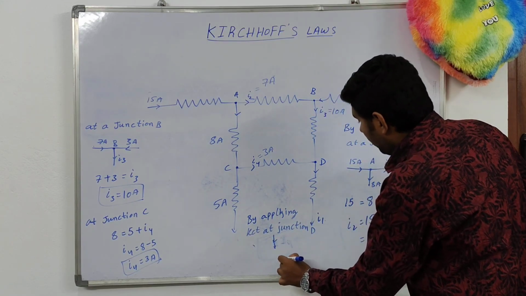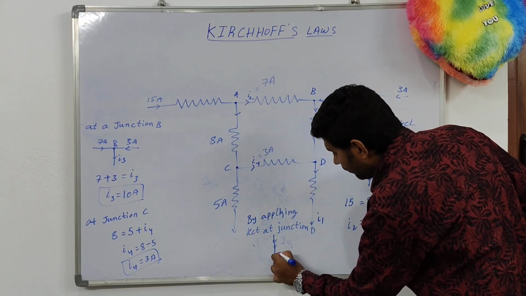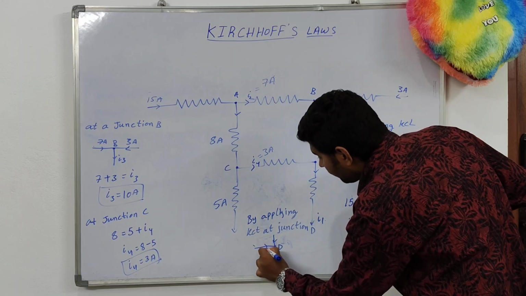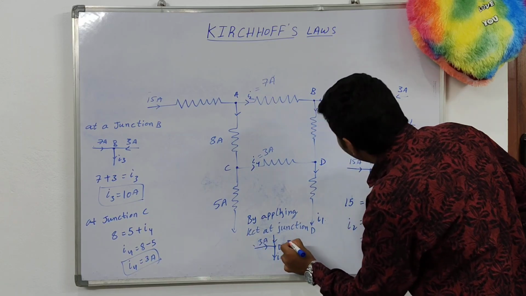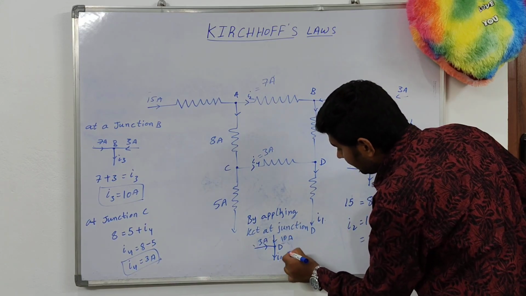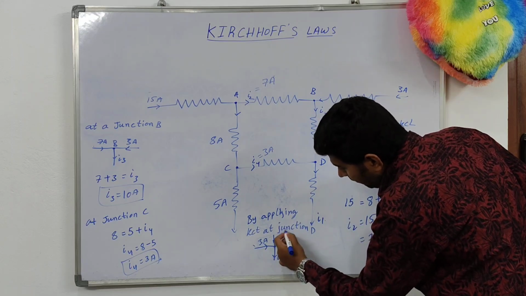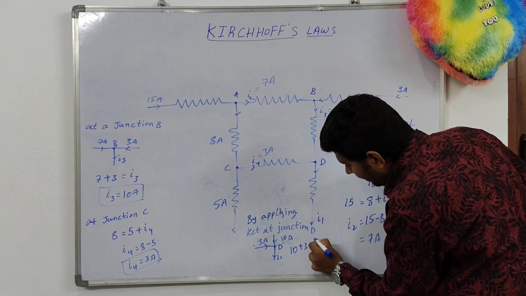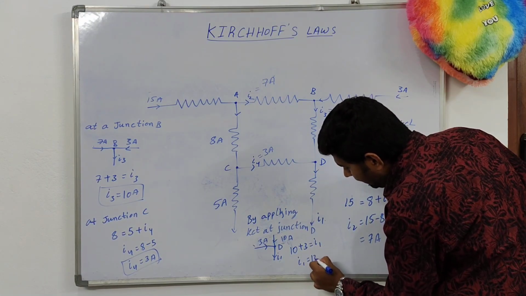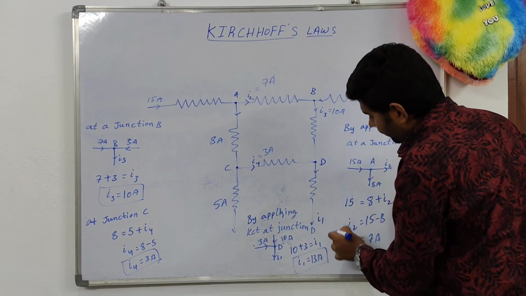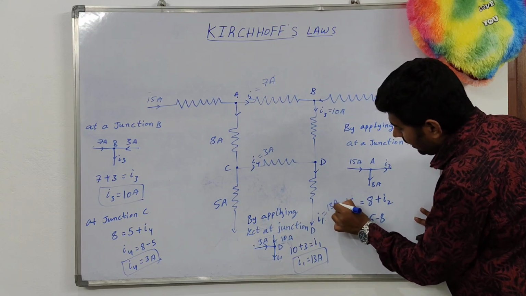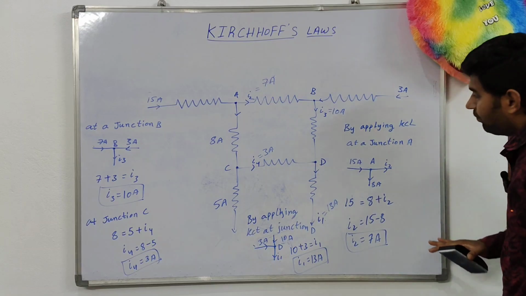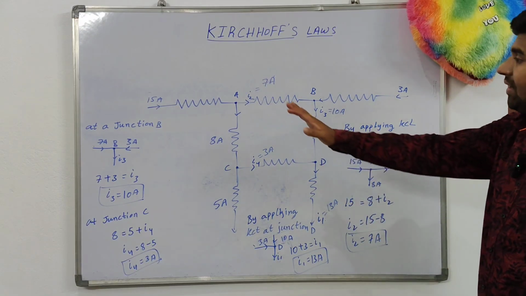I3, and here one more incoming current, that is 3 amperes, and I3 is 10 amperes. What is the outgoing current? I1. This is D. How to write? Sum of the incoming currents is equal to sum of the outgoing currents. 10 plus 3 is equal to I1. From this, I1 is equal to 13 amperes. If you observe, by using KCL, we can easily identify the unknown currents.